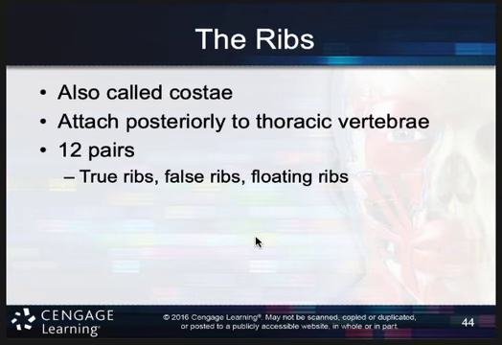The ribs are attached posteriorly to the thoracic vertebrae, and anteriorly the first 7 ribs articulate or touch cartilage, which in turn touches the sternum, and then the next 5 pair are going to touch cartilage that touches other cartilage that touches the sternum. Those are the first 3 false ribs, and then the last 2, the floating ribs, do not articulate or touch the sternum at all.